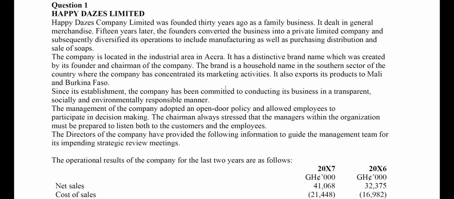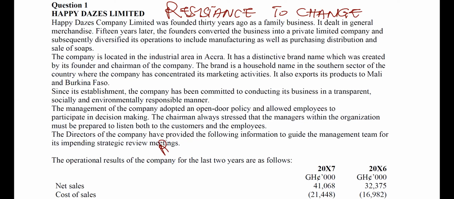So we have Happy Daisies Limited, okay? And Happy Daisies Company Limited was founded 30 years ago as a family business. Now, one thing about ICA is ICA loves family businesses. Ask me why. Because when businesses are family-based businesses, they have a strong rooted culture, meaning that there's always going to be resistance to change, okay? There's always going to be resistance to change because family is family, right?